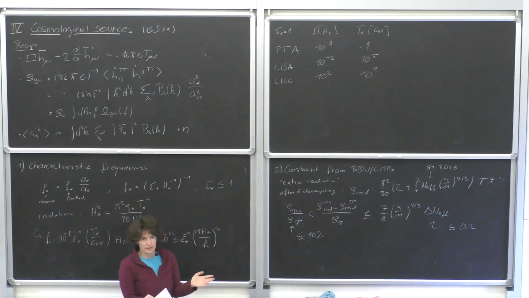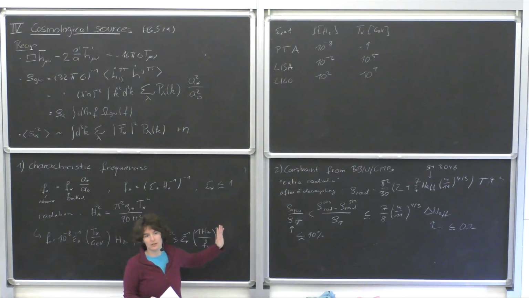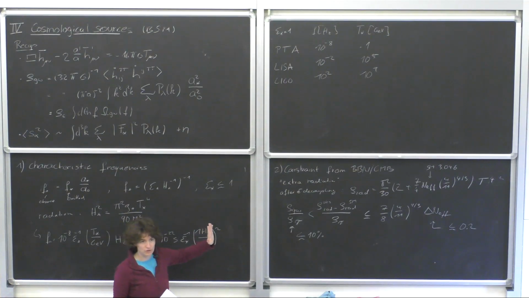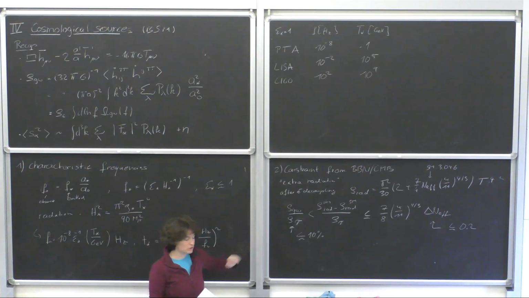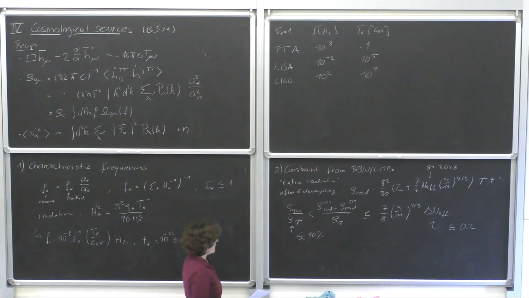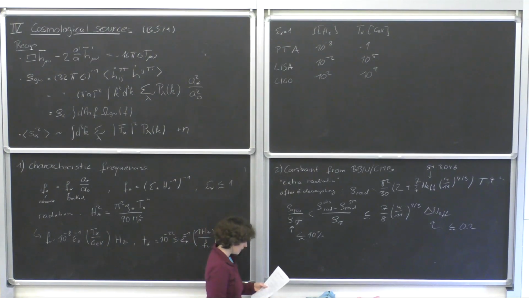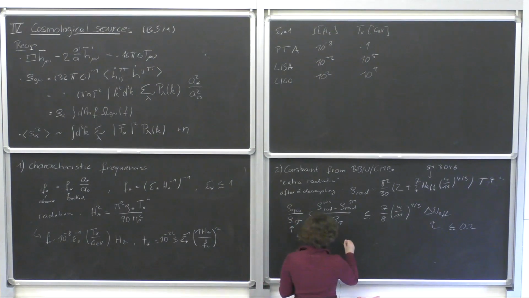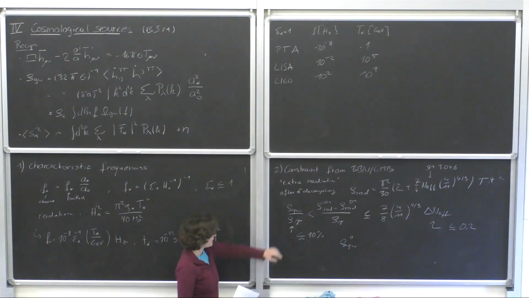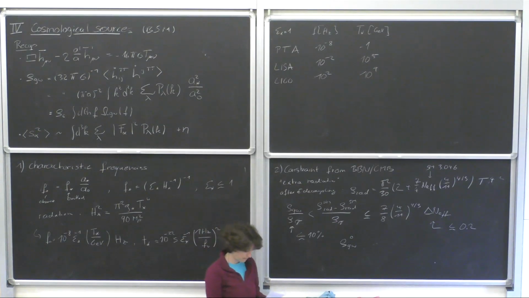And it makes sense that that's all we can get, because we're putting bounds from the expansion history of the universe. We're only going to see changes in expansion history if this is a significant contribution. Okay, but then we want to look at this today. If we want to put a bound on rho gravitational wave today, then we have to take into account that both the gravitational waves and the photons redshift until today.